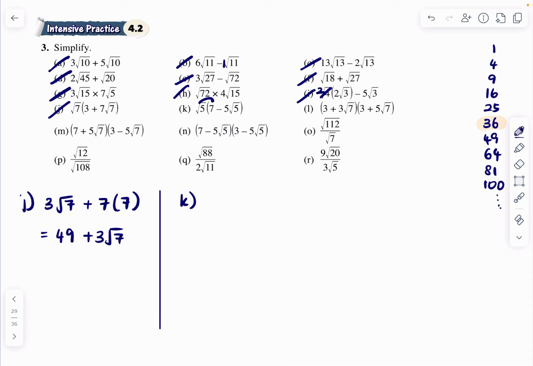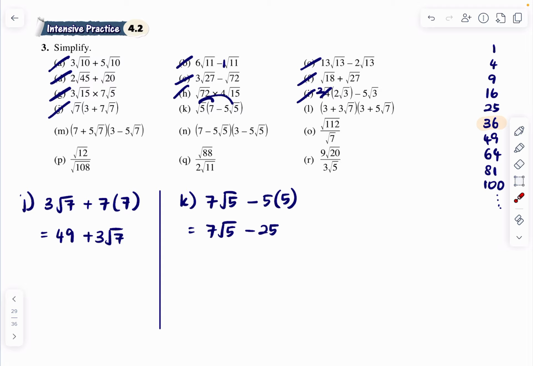Same thing, we expand. So 7 surd 5 minus 5. Surd 5 times surd 5 is just 5. So this is 7 surd 5 minus 25. Here you don't have to bring the number in front since it's negative, so you can keep it at the back.